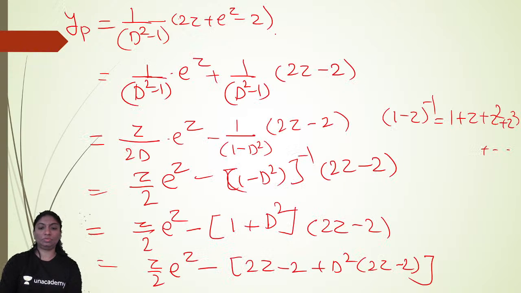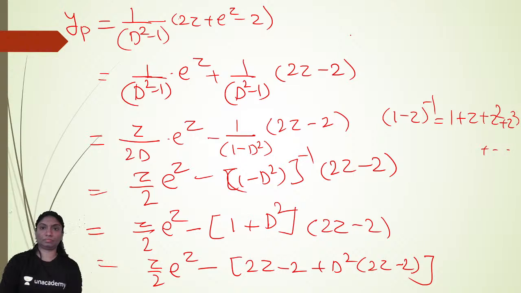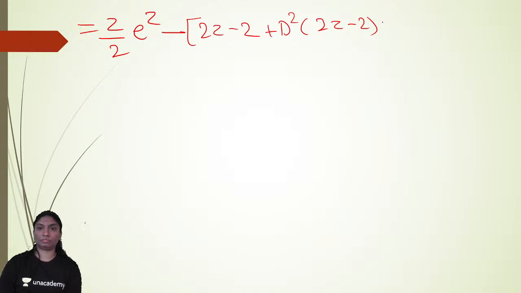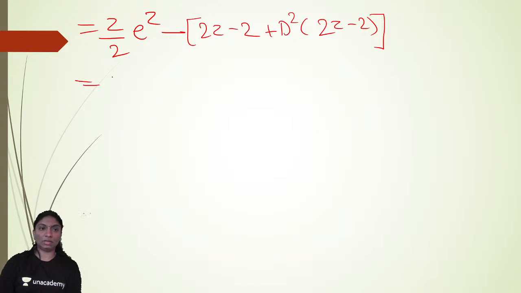2z minus 2 plus d square of 2z minus 2. We'll calculate here z by 2 into e raised to z minus 2z minus 2.